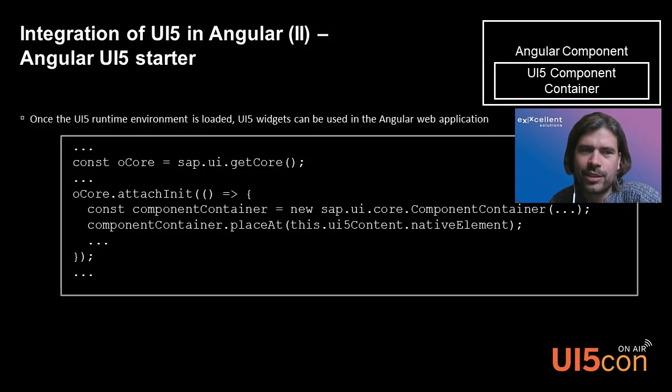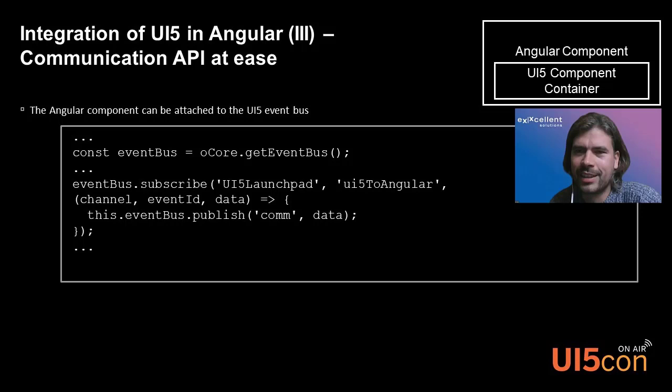So now we have this integration of Angular and need to start it in some way. We have the core, and this looks very similar to what is usually happening in the index HTML if you're working in a freestyle application of UI5. So this is the component container, and we place it in this native element, and this native element was given by the Angular component to be filled up with some magic.